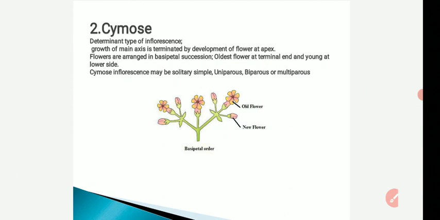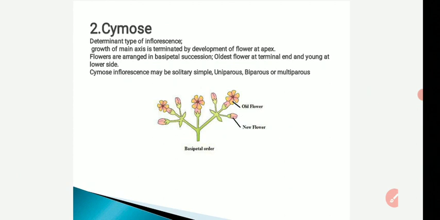That is, the older flower, the flower which comes first, is at the base, and the new flowers, that is younger flowers, are present at the apex, and the peduncle growth is not terminated by the flowers. So the peduncle is continuously growing, and this type of inflorescence is called a racemose inflorescence.